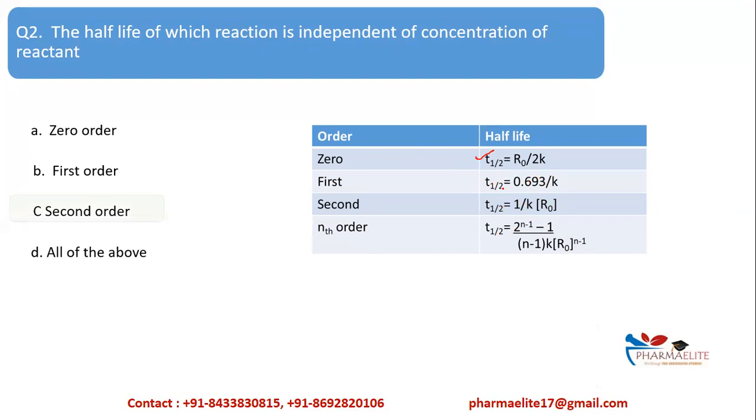So the correct answer here is first order reaction, in which the concentration and half-life are not dependent upon each other. If you plot a graph, you will get a straight line. When you plot rate versus concentration, this will be for a zero order reaction. And for half-life, it is first order reaction.